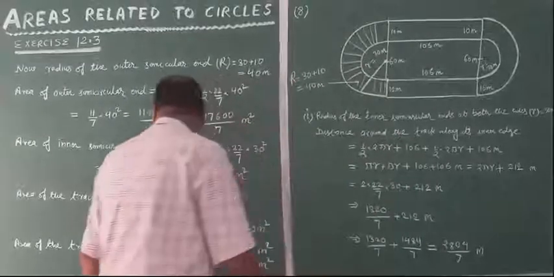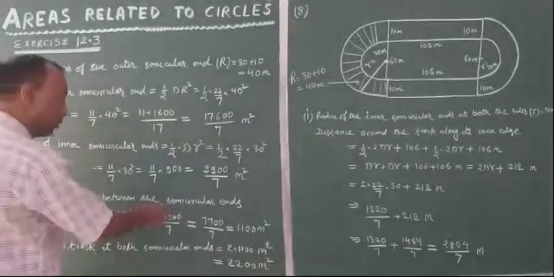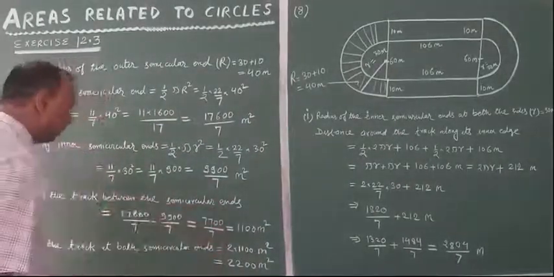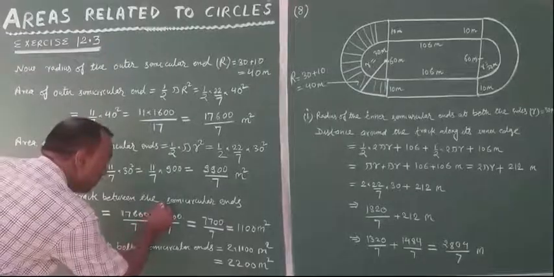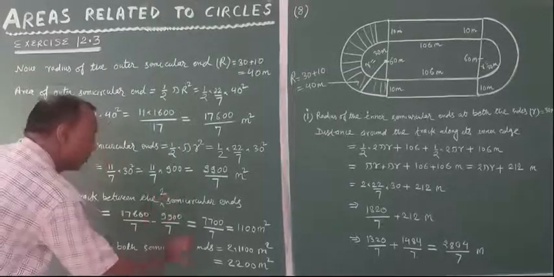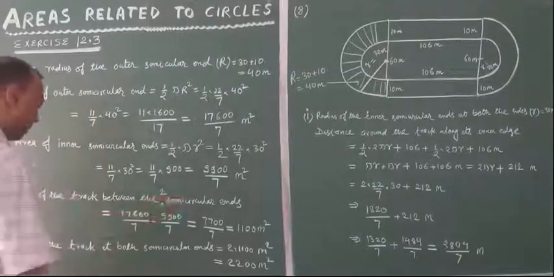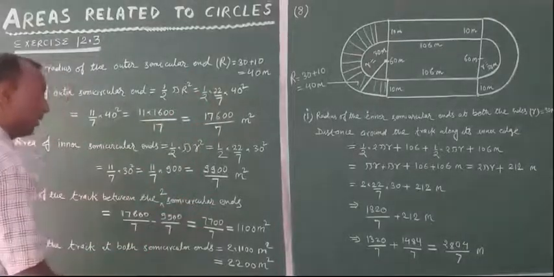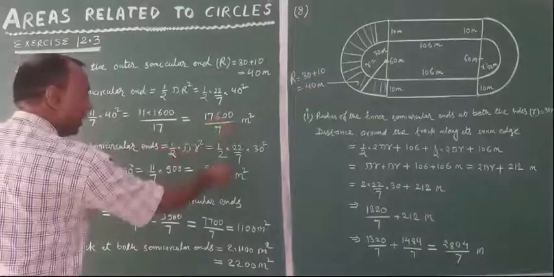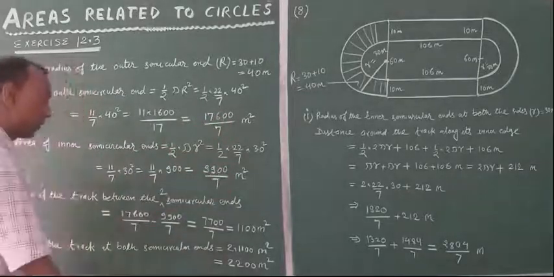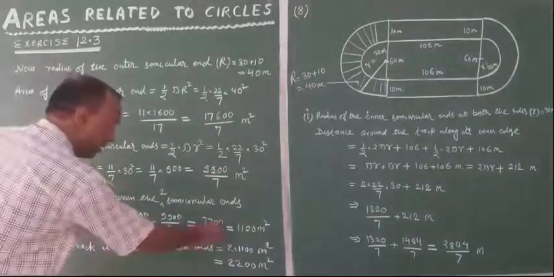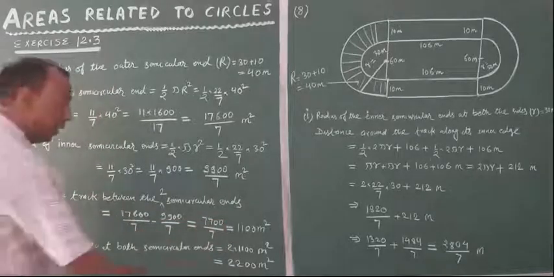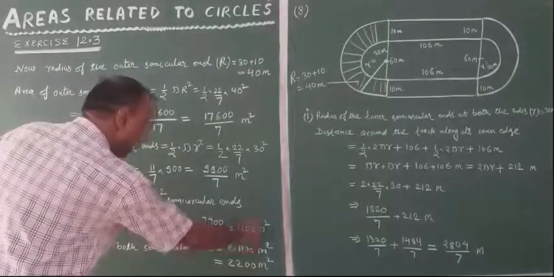The area of the track between the two semicircular ends, तो two semicircular ends के बीच में एरिया कितना होगा? This complete area minus 9900/7. This you will get 7700/7, which is 1100 meter square.